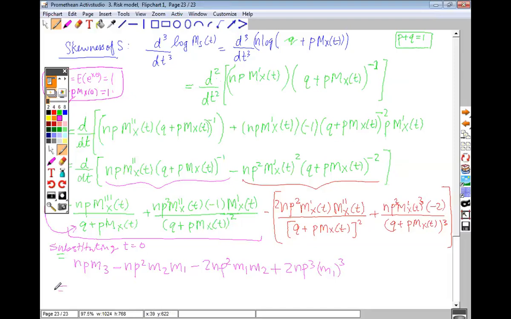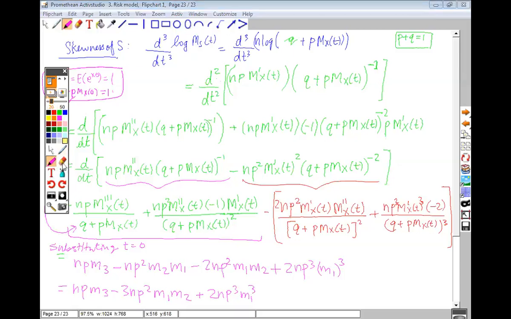And now because we know that we can combine these two, the simple answer I have for my skewness of compound binomial distribution is something like this. So it's minus 1, minus 2, minus 3 NP square M1, M2 plus 2n P cube M1 cube.